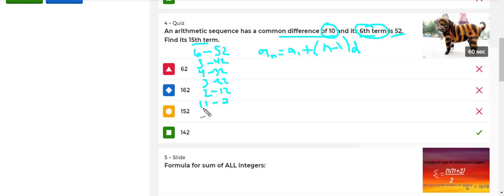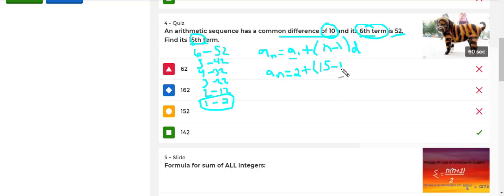Now we have our first term, which is something we could plug into the formula right up here. All right, so we have a sub n, and that equals our first term, which is 2, plus we're trying to get to the 15th term right here, minus 1.